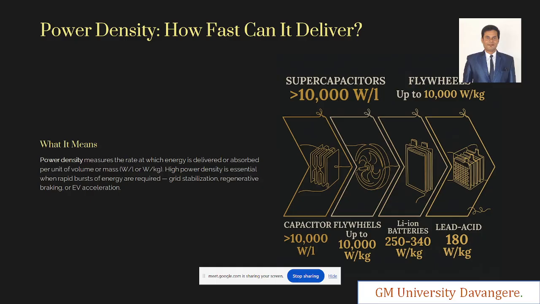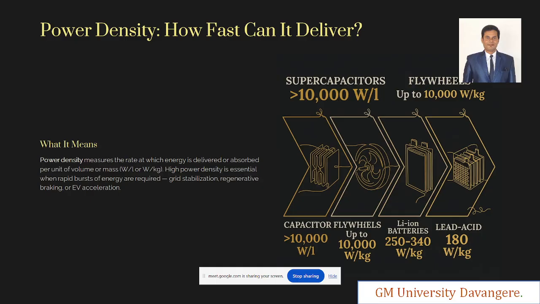The high power density is essential when a rapid burst of energy is required. So suppose if I want to have a quick amount of discharge, right, I will be switching over to the super capacitors, where I want to make my grid more stable, right. I gave the example in the last class about the power quality, right. If you want to improve the power quality, you have to go for the super capacitors, where the discharging of the capacitors will improve the quality of the power in the grid for the grid stabilization, right.